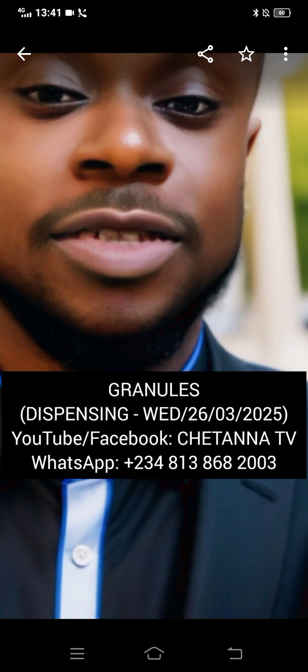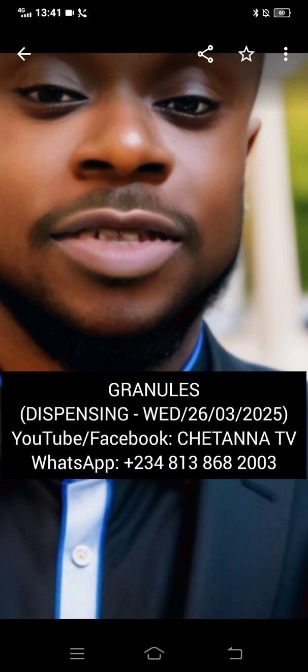Granules are powders agglomerated to produce large free-flowing particles. So actually, granules are larger than what? The particle size is larger than powder. We are going to describe the process of this agglomeration.